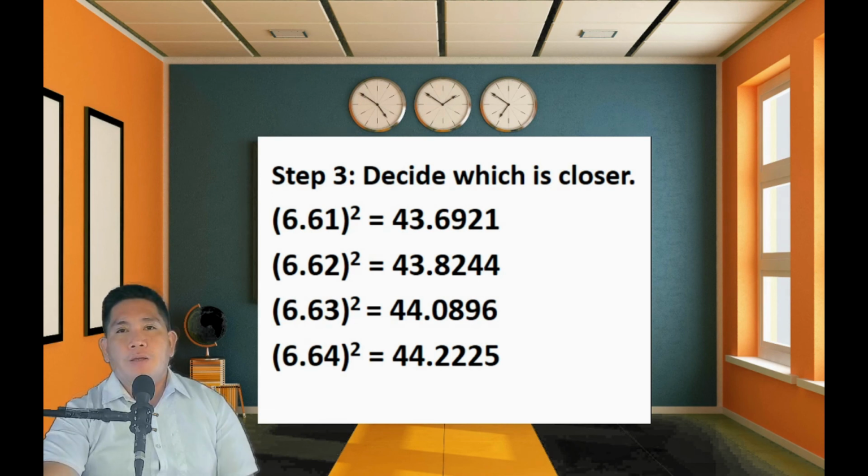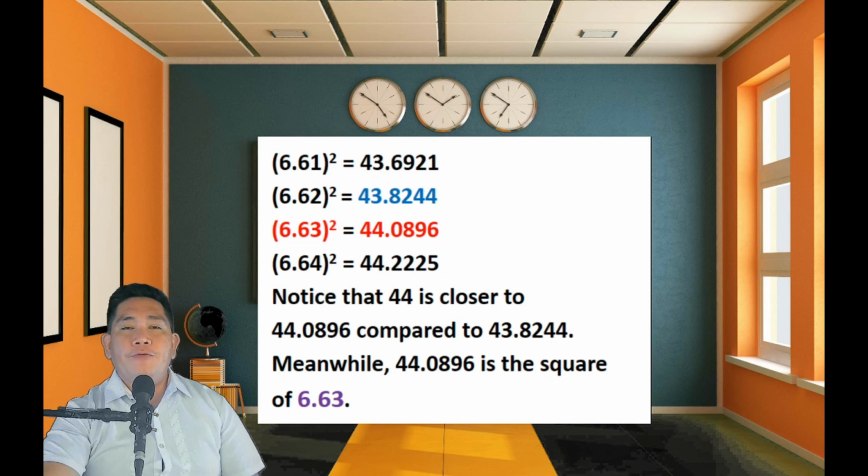Take note that squaring 6.65, 6.66, 6.67, 6.68, and 6.69 is not necessary since the square root of 44 is closer to 6.6 than 6.7. Notice that 44 is closer to 44.0896 compared to 43.8244.